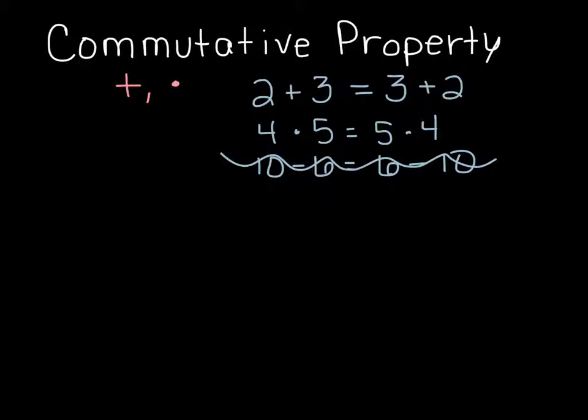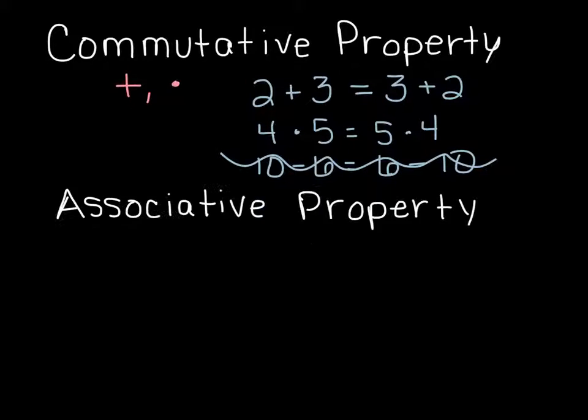The next property we're talking about is the associative property. Okay? The associative property, and hopefully in there you see kind of the word associate, means that if you've got more than two numbers that you're doing an operation with, you can change how the numbers are grouped together. So it doesn't really change the order of the numbers.